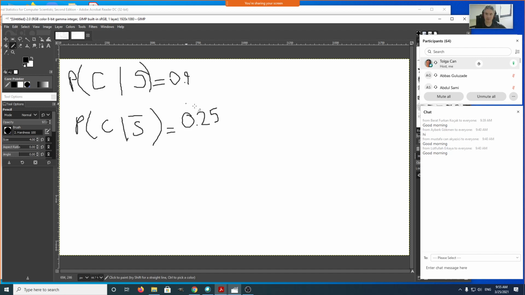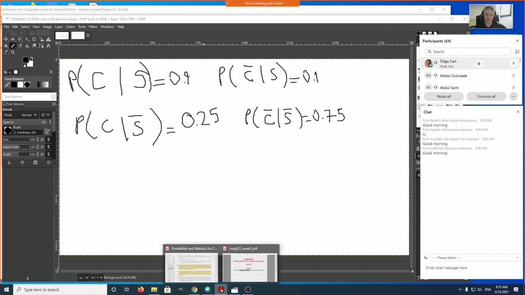Now, these conditional probabilities also tell us, for example, the probability of not answering correctly when a student is prepared is 0.1. So when you take the complement, you get the complement event, which is 1 minus 0.9, and also the probability that it's not answered correctly when a student is not prepared is going to be 0.75. Okay, so the first two sentences give us these probabilities.